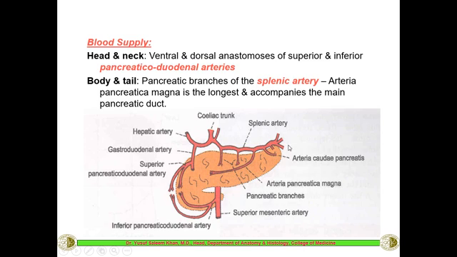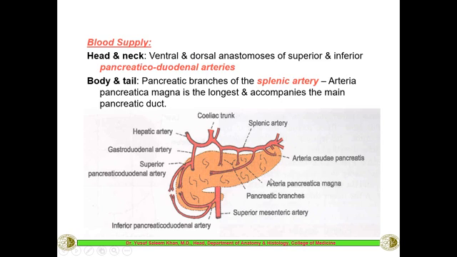Okay, then the major part of the body and the tail are supplied by the splenic artery, which I said is in the superior border of the pancreas. This is the splenic artery, which supplies the major part of the body as well as the tail. Among these, one of the arteries coming from the splenic artery is larger and bigger.